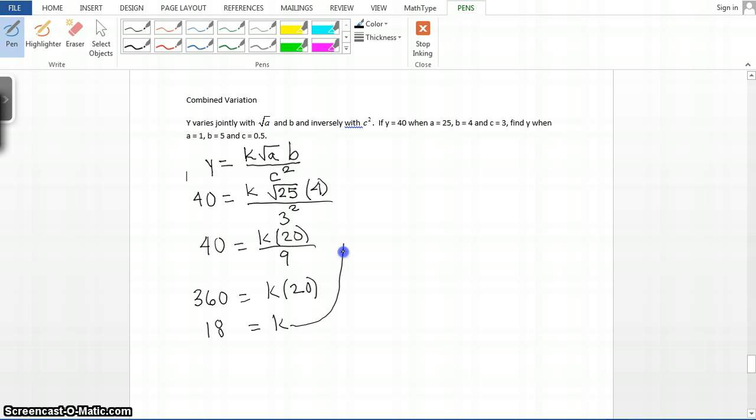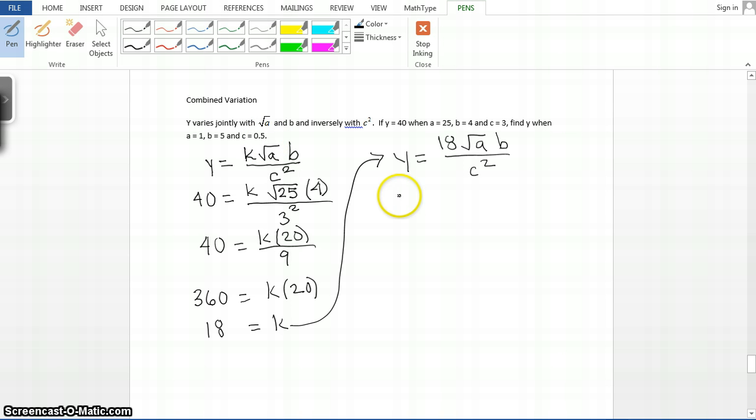So again, that's not the answer. We've got to rewrite the problem with that k plugged in. So we'll have y equals 18 square root a times b, divide everything by c squared. Now the question is, we want to find y when a is 1, b is 5, c is 1 half.